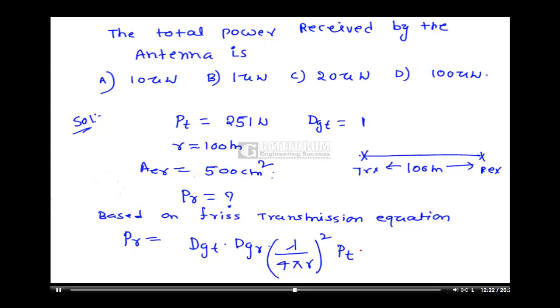Here PT is known, DZt is known, AER is given, so we have to calculate DZr.